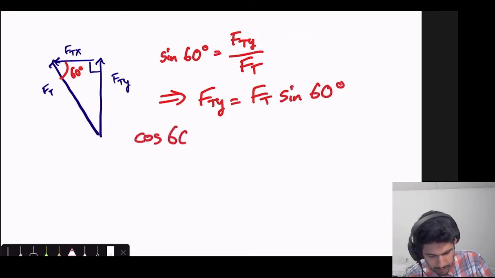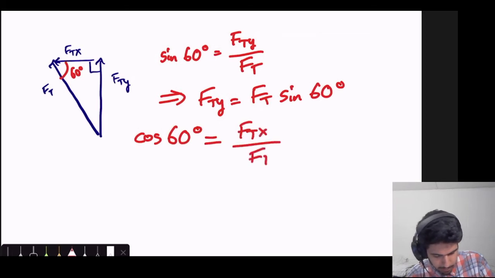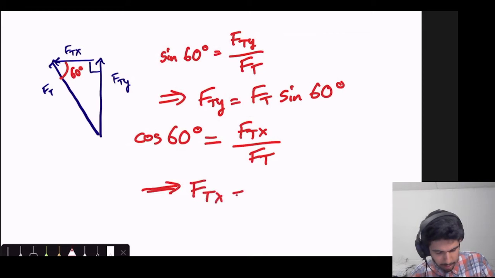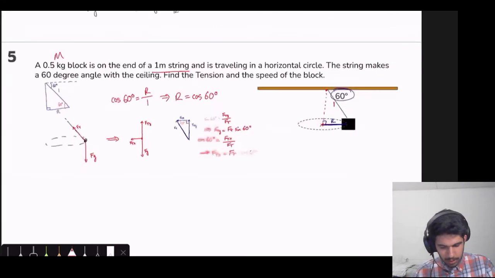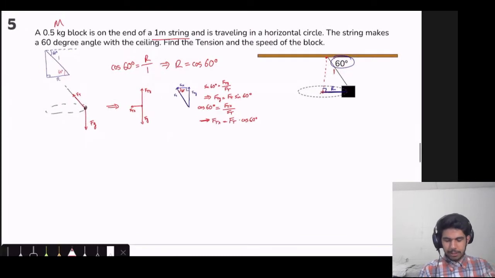Similarly, if we take the cosine of 60 degrees, adjacent, Ftx over Ft, that tells us Ftx equals Ft times cosine of 60 degrees. Cool. So now we have Ft in its components. Our free body diagram is looking nice. We can start to solve for Ft. So how are we going to do that?